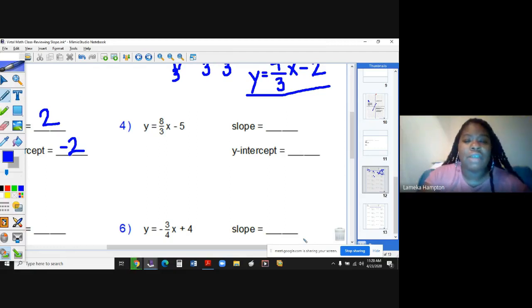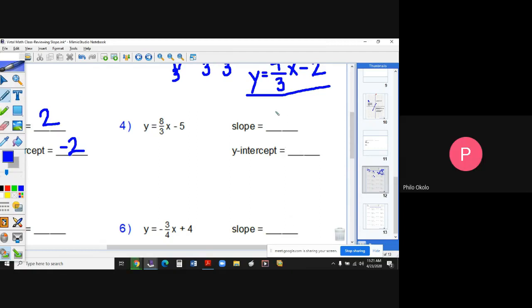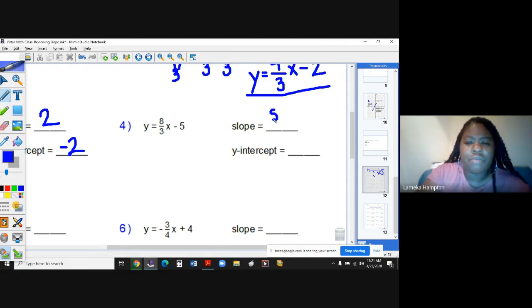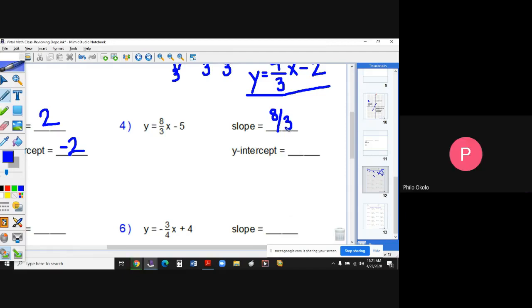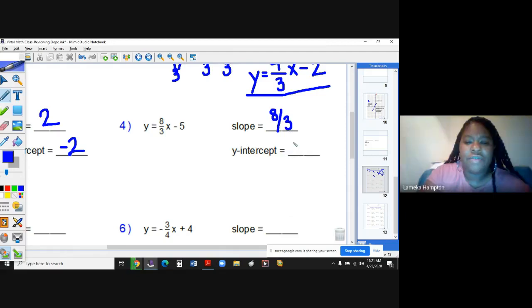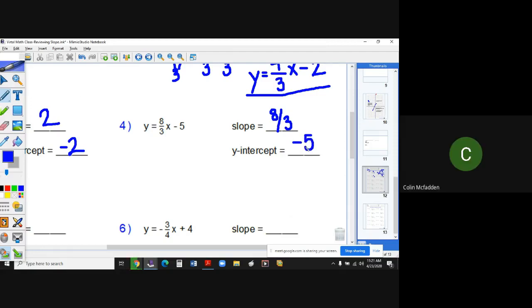So what is my slope for number 4? Slope is 8/3. Yes, ma'am. My slope is 8/3. And what is my y-intercept? -5. -5. Now we cooking with gasoline. All right.